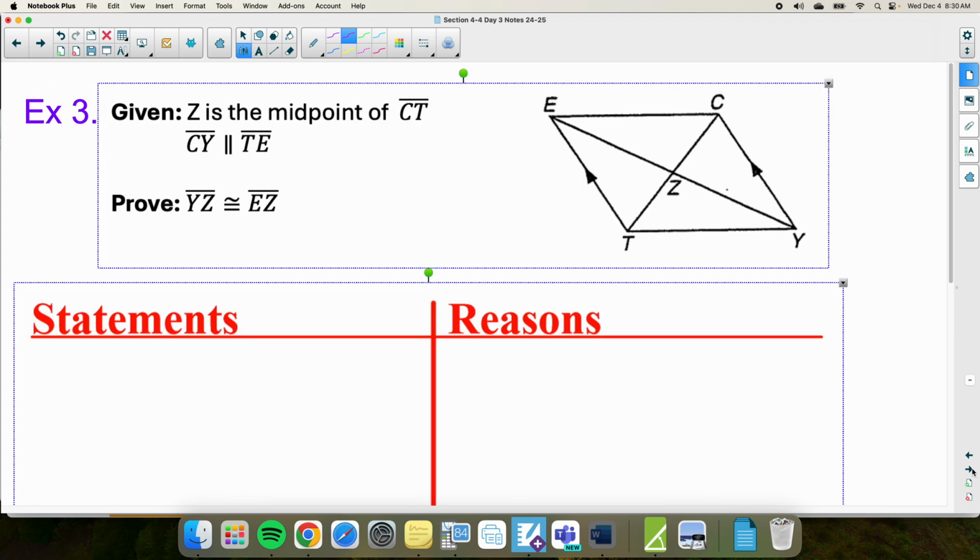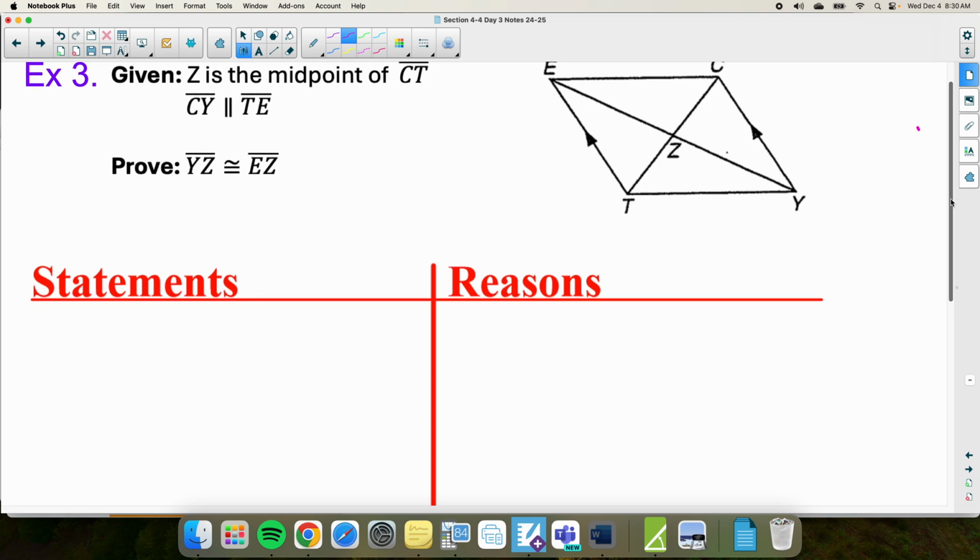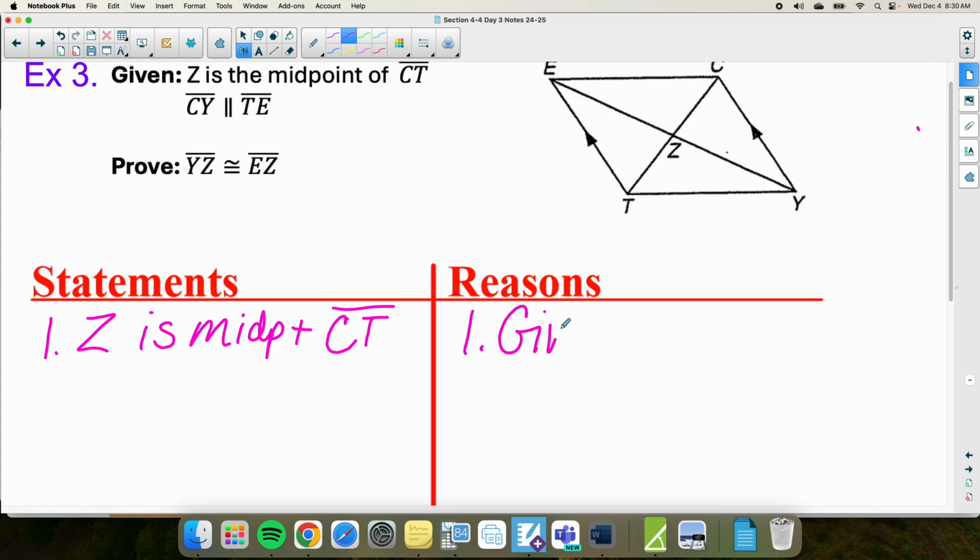All right, so let's go here, and we have that Z is the midpoint of CT, as well as CY is parallel to TE. Okay?